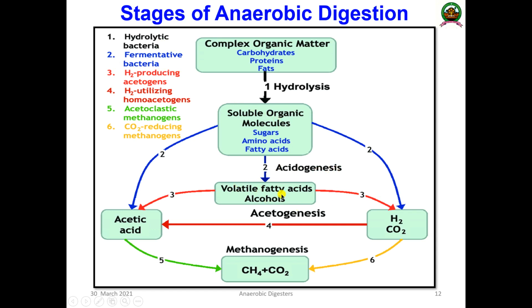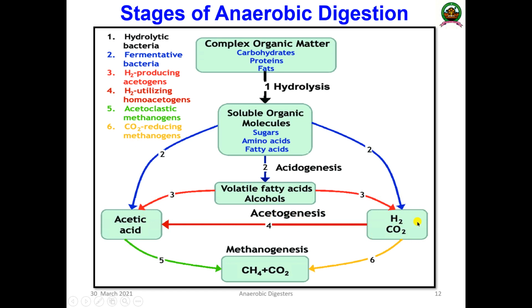Then once this process is over, the volatile fatty acids are converted into either acetic acid or hydrogen and carbon dioxide by hydrogen producing acetogenic bacteria. Then this hydrogen and carbon dioxide combine to form acetic acid, that is known as acetogenesis.